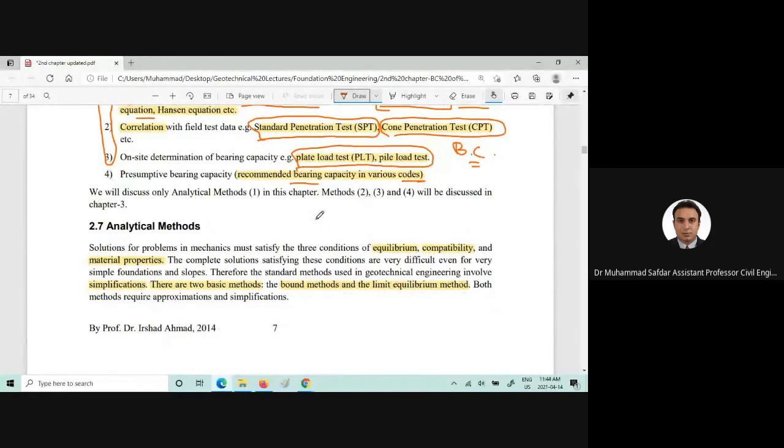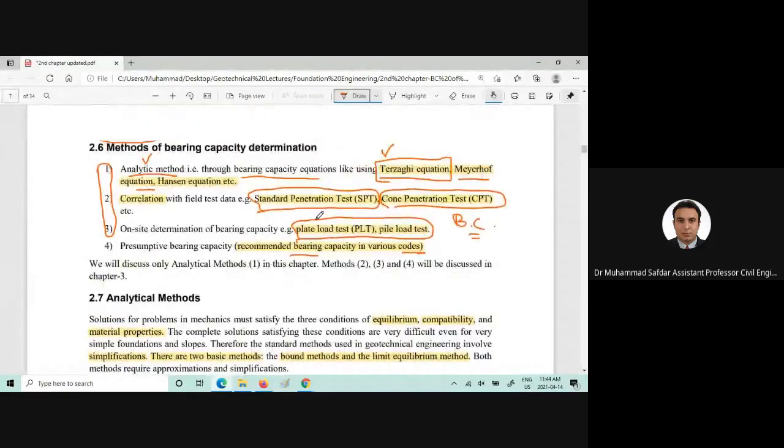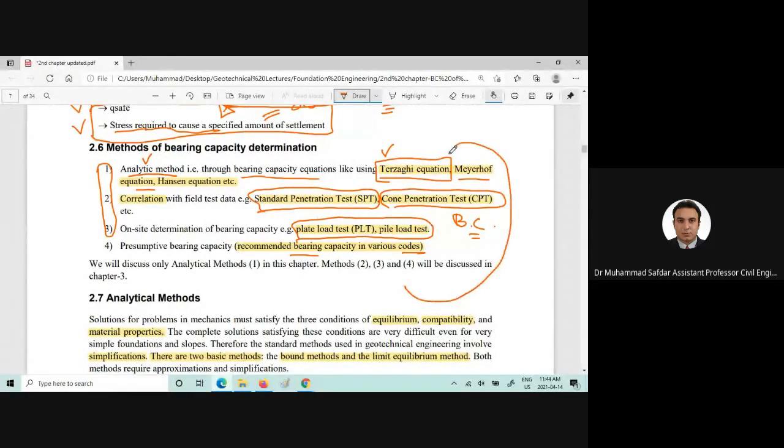Now, we will briefly go over the analytical methods, that is how we can estimate the bearing capacity. And then we will end up with a slightly complex way, and we will go in detail on how we can use the cohesion and the friction angle to find the ultimate bearing capacity.